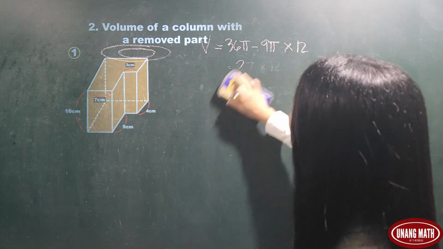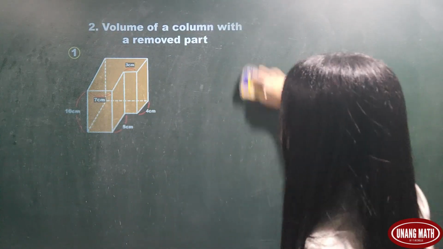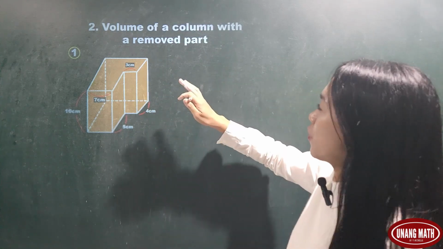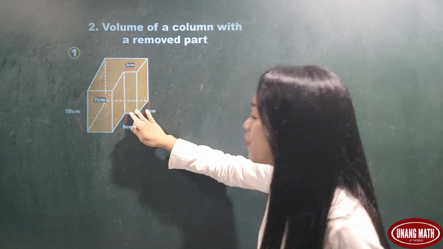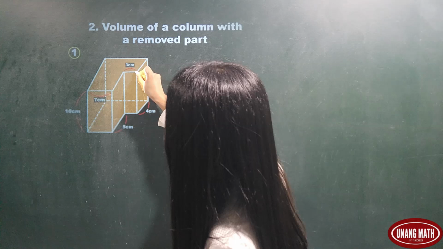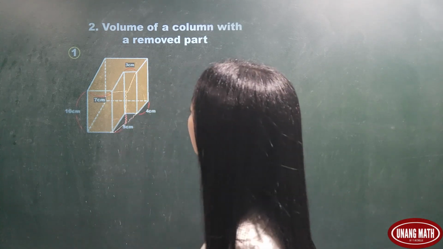Okay, let's move on to this figure. What are we going to do to find the volume of a figure with a removed part? So by looking at this figure, originally, this figure looks like this.